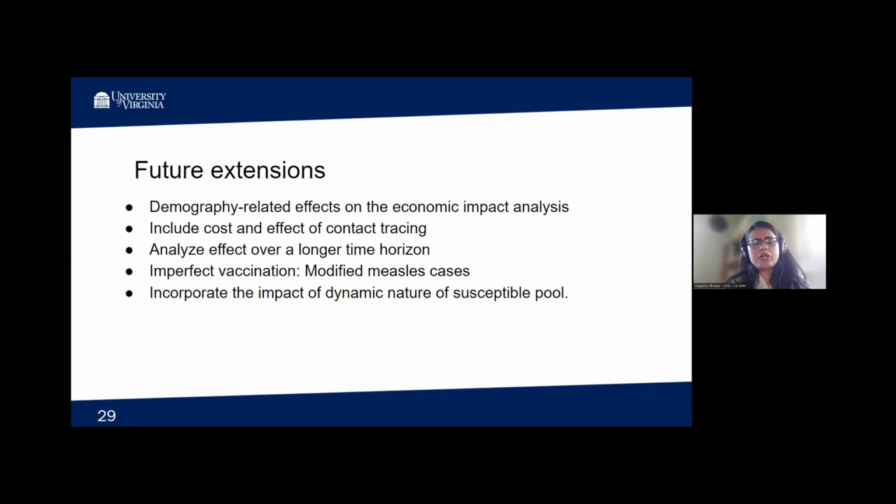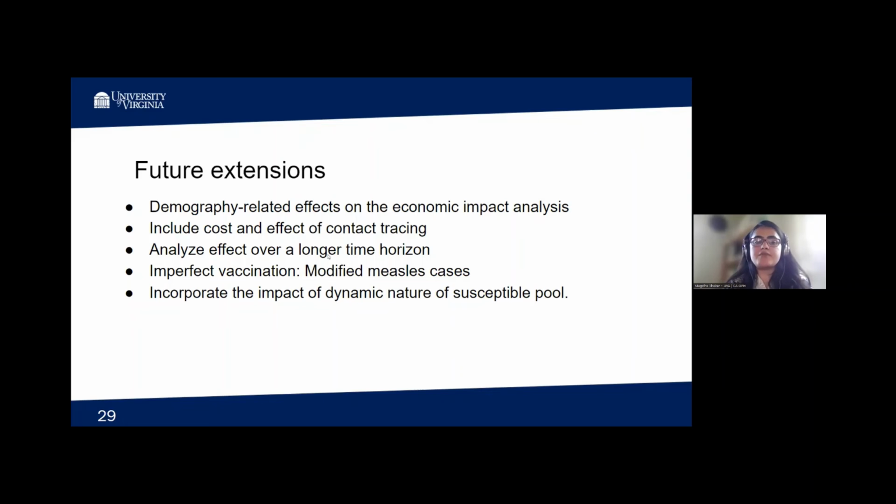Now, parts of this analysis are still ongoing, so we definitely have plans on including some demography, or at least looking at some demography related effects. Then contact tracing is very critical in the control of an MMR outbreak when it happens. So some of the future directions for us would be to look at that, and to really analyze this outbreak effect.